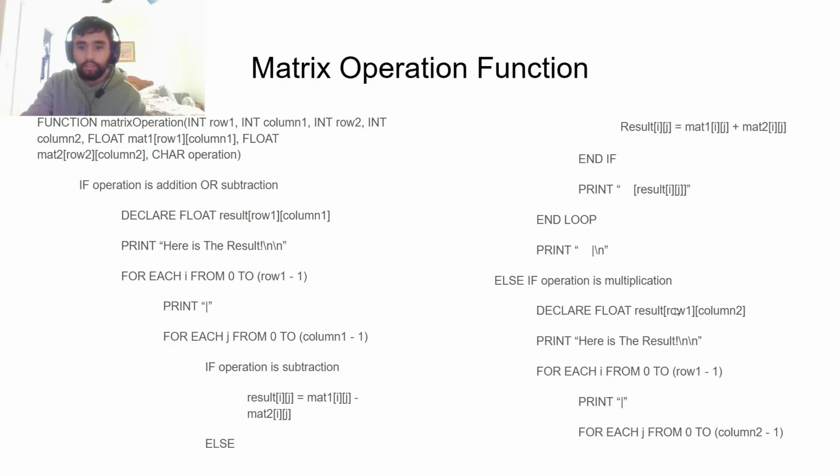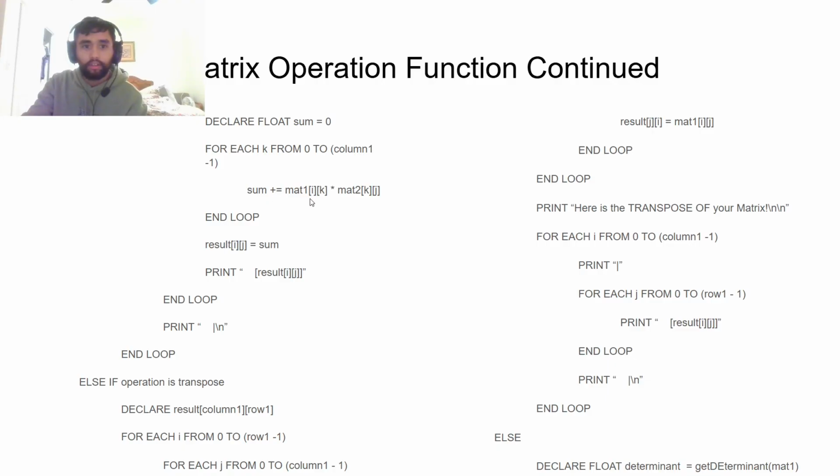Then as for the multiplication, it'll be 3 because, as we'll see in the next slide, this is the formula for each element in the matrix. So what it does, it'll take the first element on the row times the first element on the column, plus the second element in that row times the second element of that column, and then it'll keep doing that for each element, and it'll be added.